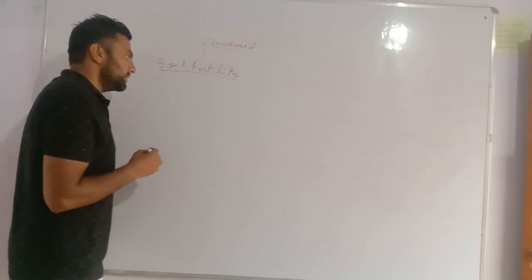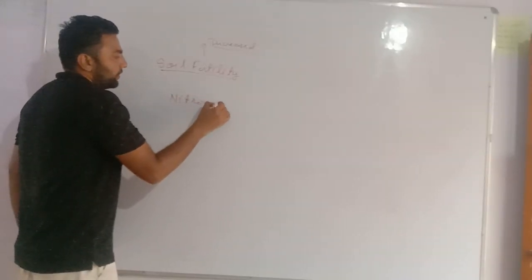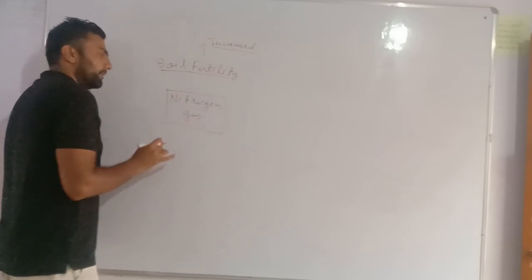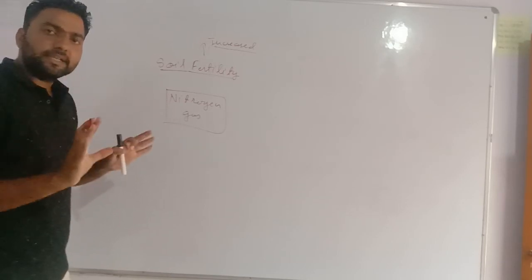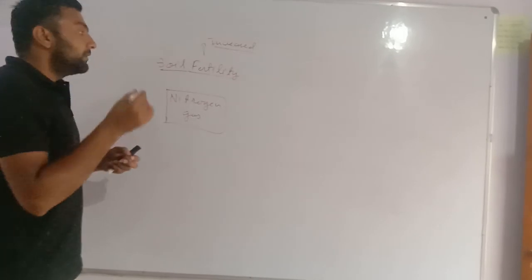How? See my dear students, nitrogen gas is present in the atmosphere. We all know nitrogen gas is present in the atmosphere. But this nitrogen gas is of no use for plants and animals.